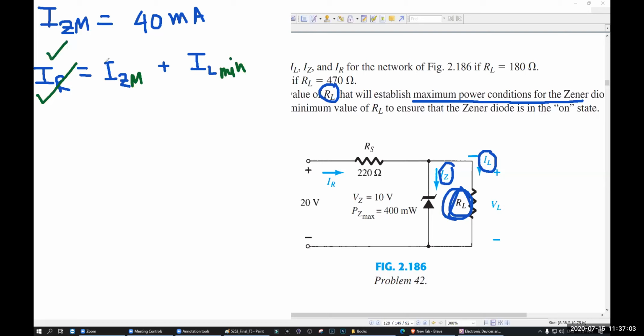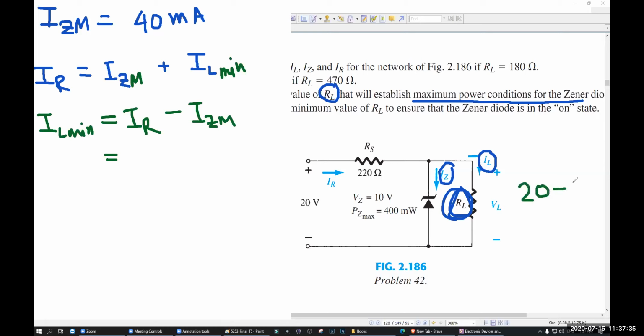We already know IR, remember from earlier, it is 45.45. And IZM is 40 milliampere. So how much is IL minimum? 5.45 milliampere.